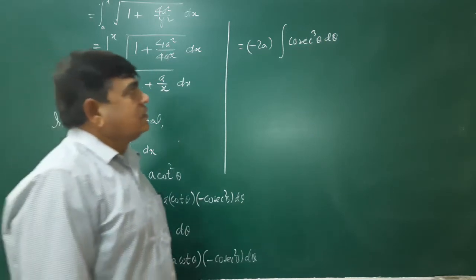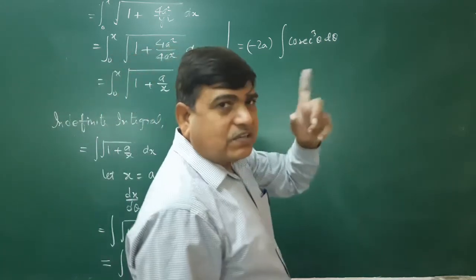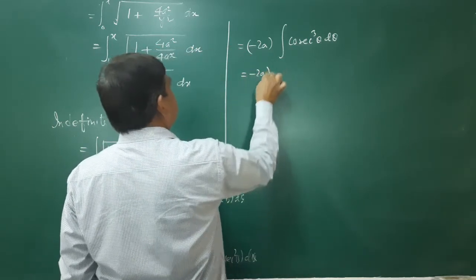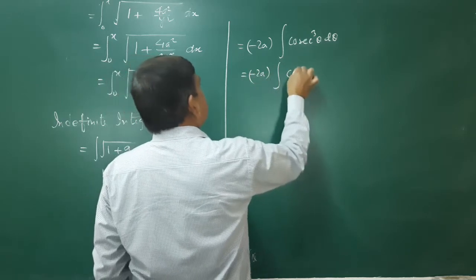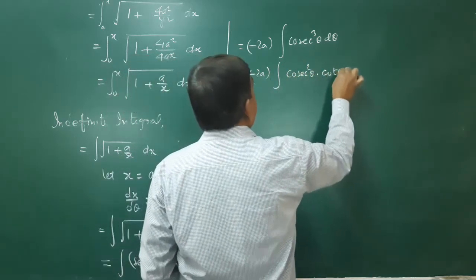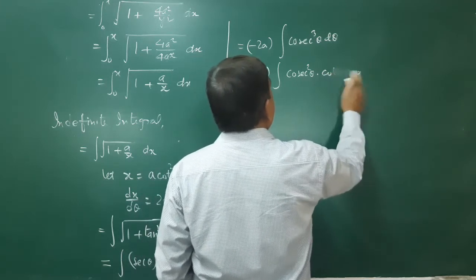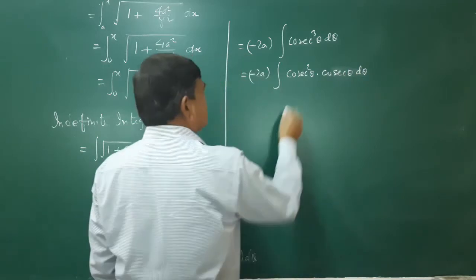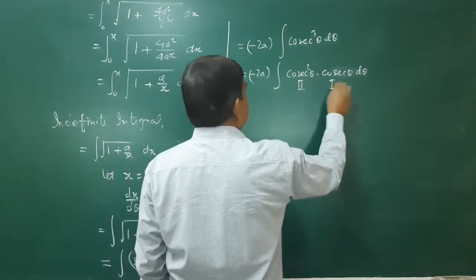Now we have to integrate this cosec cubed. So I write it as minus 2a, cosec square theta times cot theta d theta. This is the second function and this is the first function.